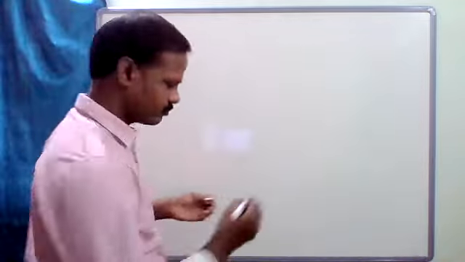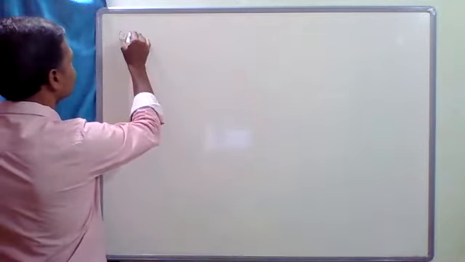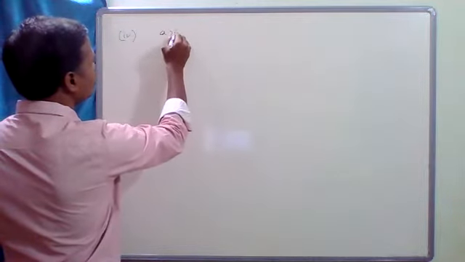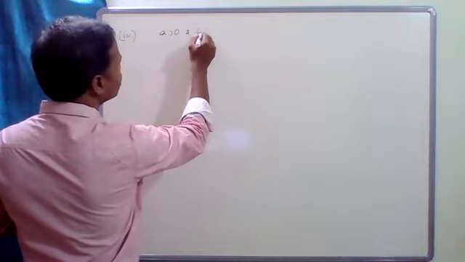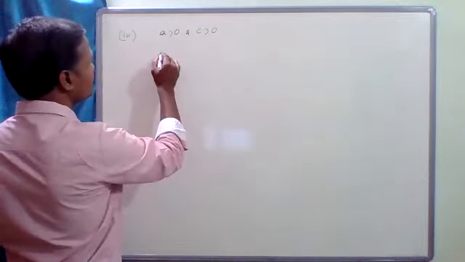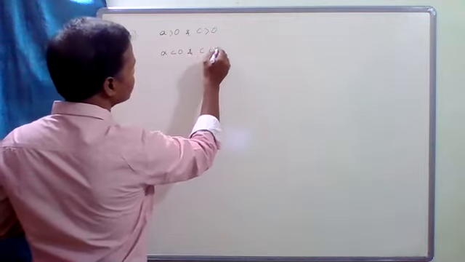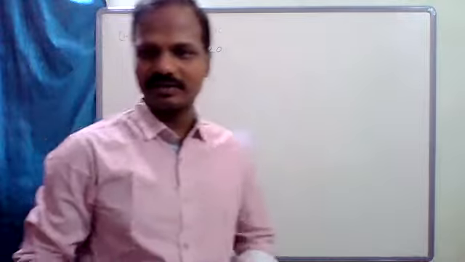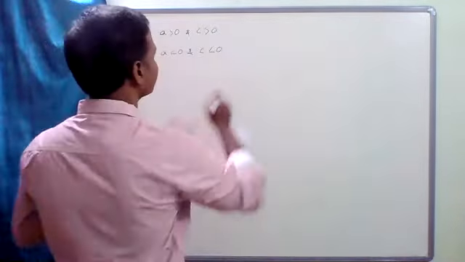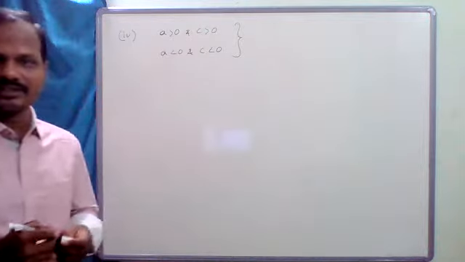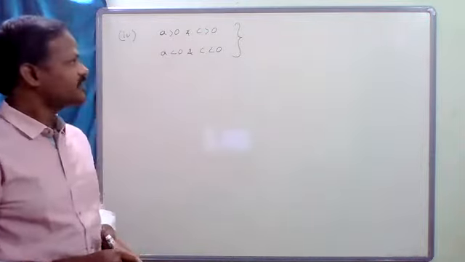Okay, next two. So fourth point, A greater than 0 and C greater than 0, or A less than 0 and C less than 0.